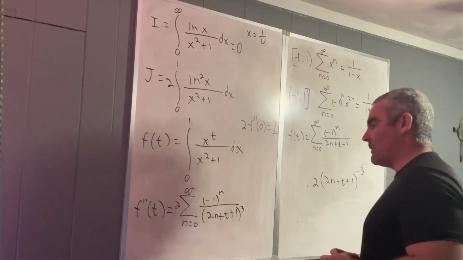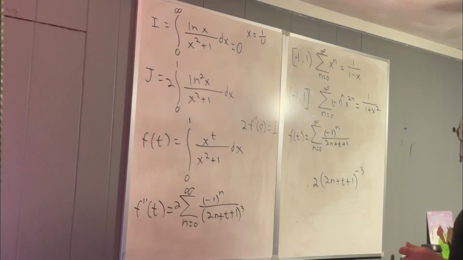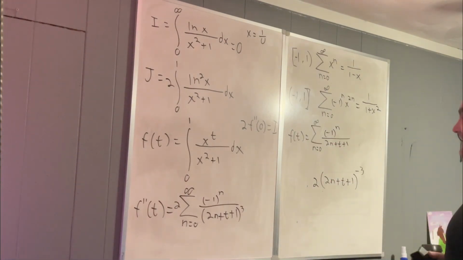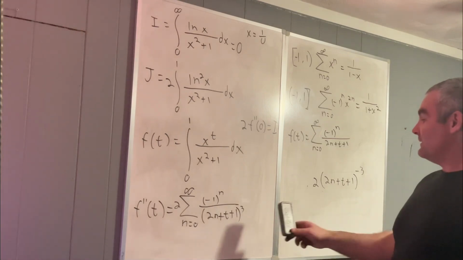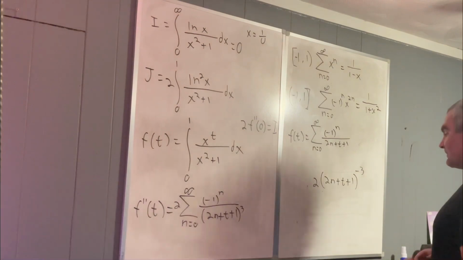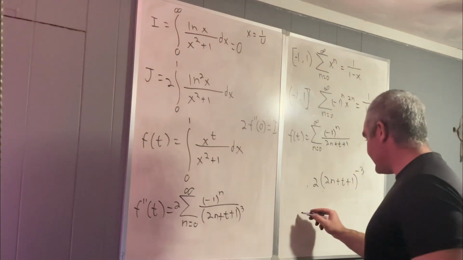All right, so now we have our f double prime of t. So we can find I easily by taking this, evaluating it at 0, and multiplying it by 2. So let's go ahead and do that, and that'll be our final answer.